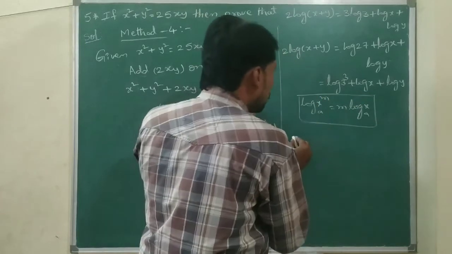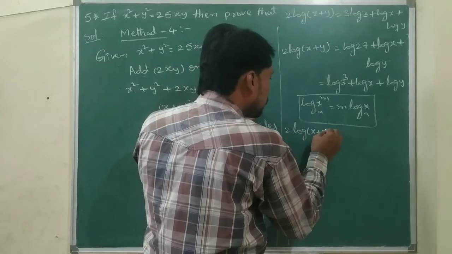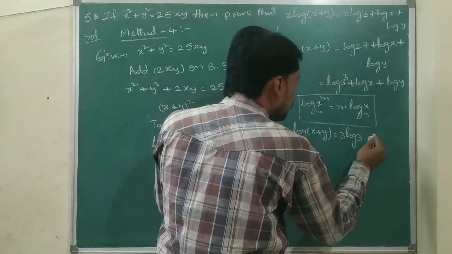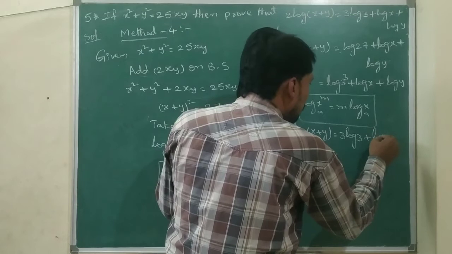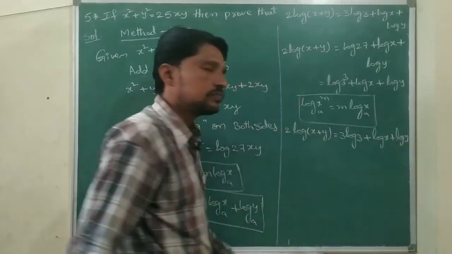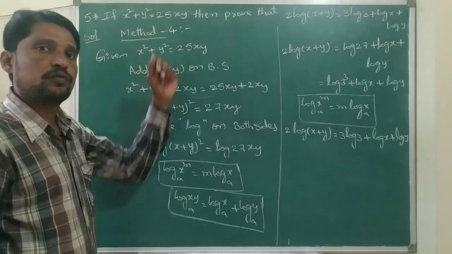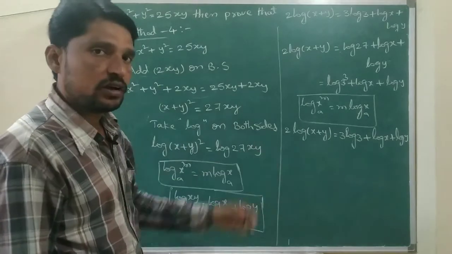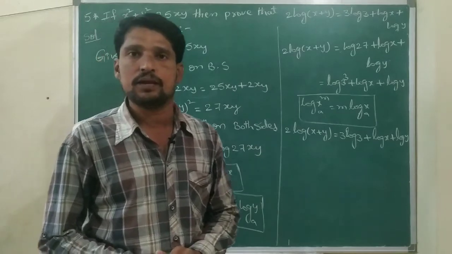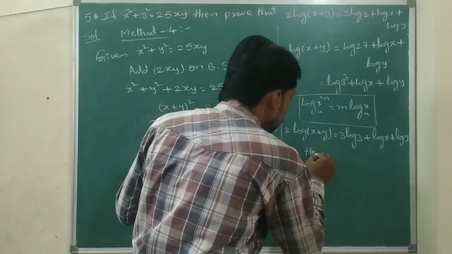So writing this, 2 times log of x plus y equal 3 log 3 plus log x plus log y. What we took was x square plus y square equal 27xy. What we got here is 2 times log of x plus y equal 3 times log 3 plus log x plus log y. Hence proved.